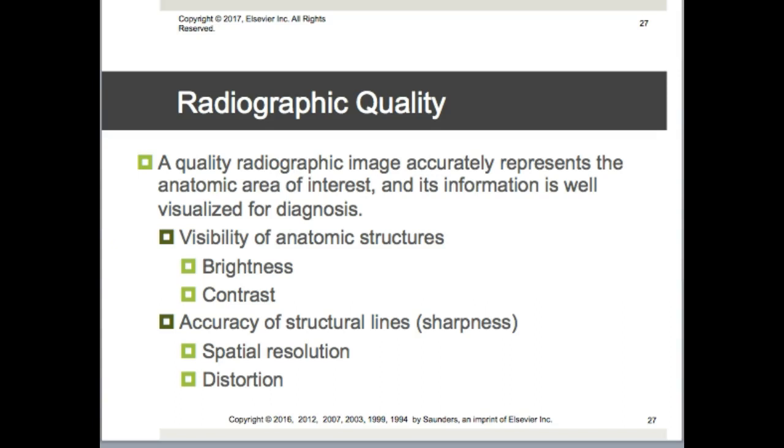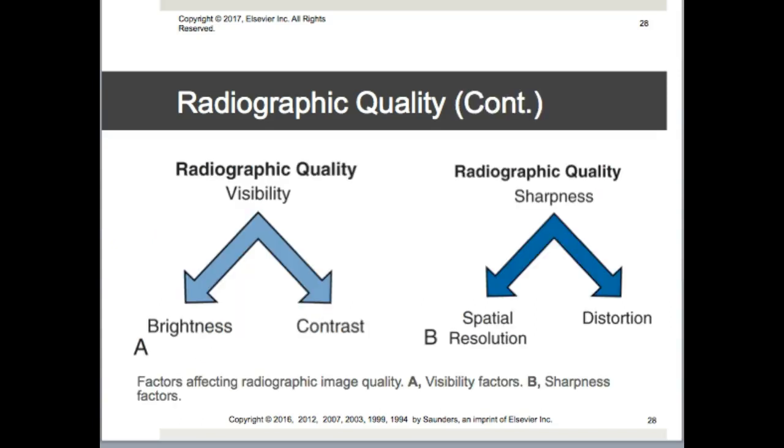So visibility of anatomical structures, so we are looking at the brightness and the contrast, whereas the accuracy of the structure lines or the sharpness is your spatial resolution and your distortion. So we look here, we have the radiographic quality, we have visibility, and it depends on brightness and contrast, whereas our sharpness is spatial resolution and distortion.